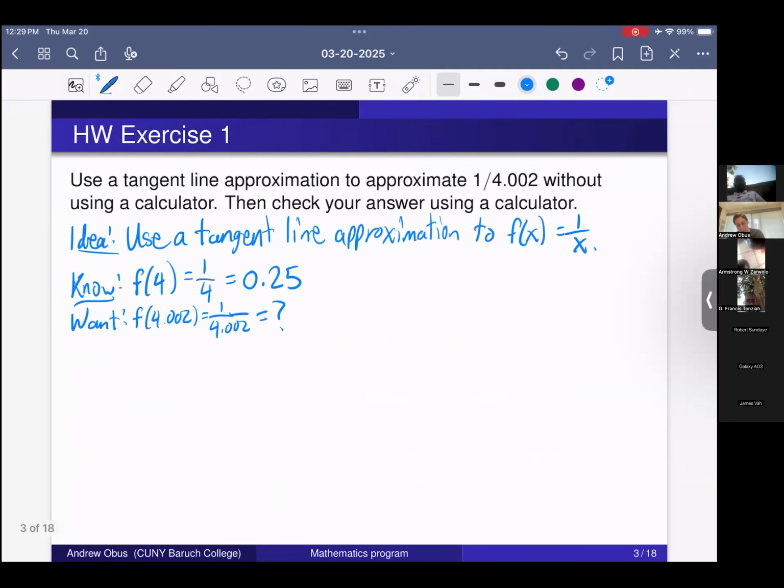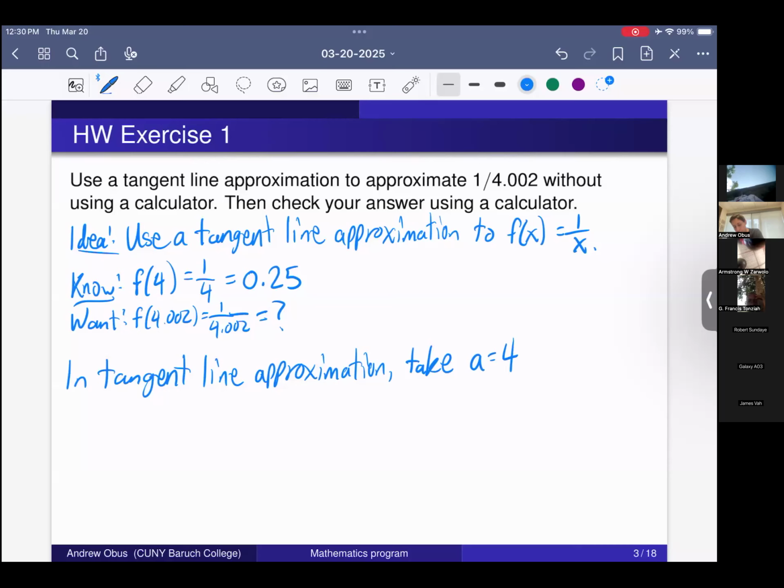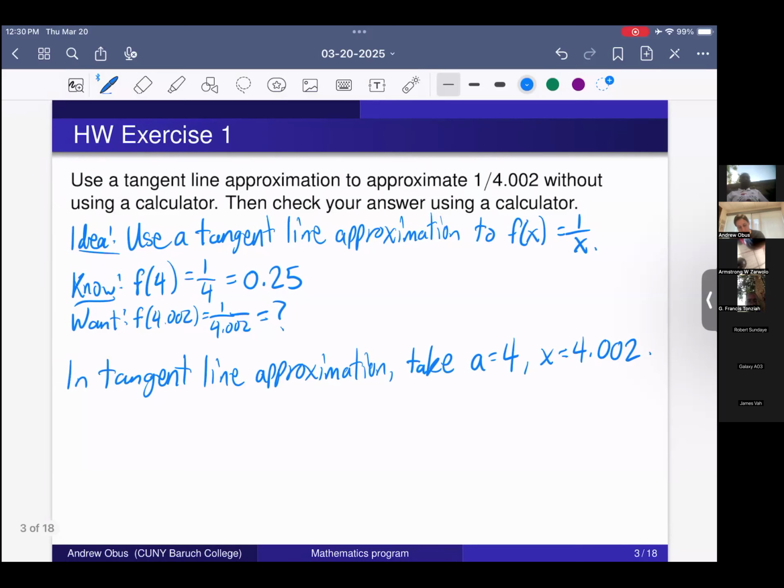So in the tangent line approximation, as we saw on the last slide, we take a equals 4 and x equals 4.002. So this is James's answer, and this is probably correct. Let's look at the actual formula.